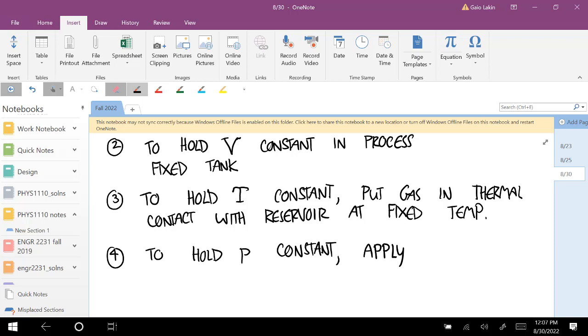So, here, let me finish writing this. To hold P constant, apply a constant force to the piston. Okay, so the piston is being held in equilibrium. And again, this requires a slow enough process for this to work, but it's held in equilibrium by a force pushing down and the gas pressure pushing up, okay?